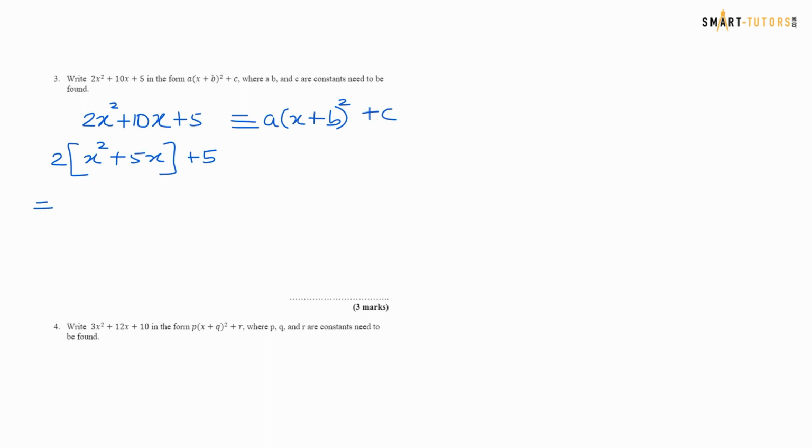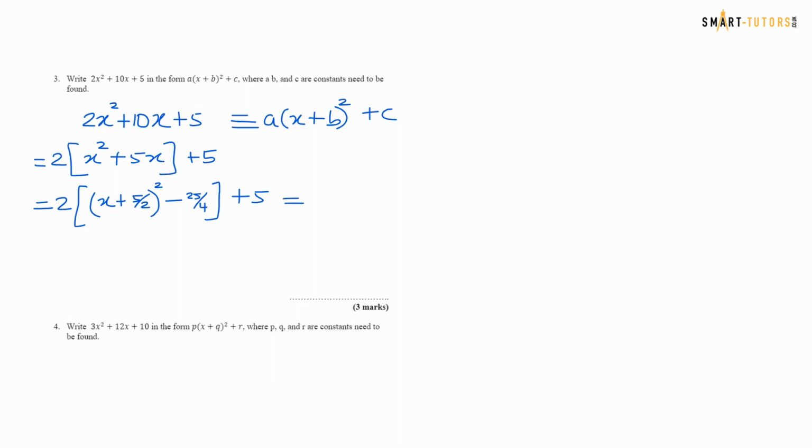So the third step, I'm going to keep the 2 and open the bracket x plus half of the coefficient, which is 5 over 2, whole thing squared, minus the last number squared. The last number is 5 over 2, so it's 25 over 4, you need to take away, close brackets, plus 5.